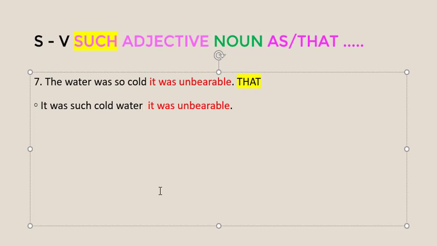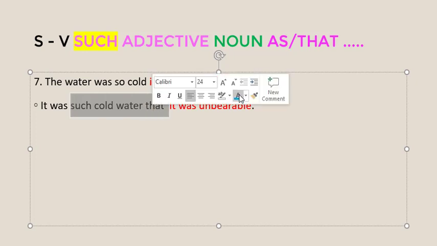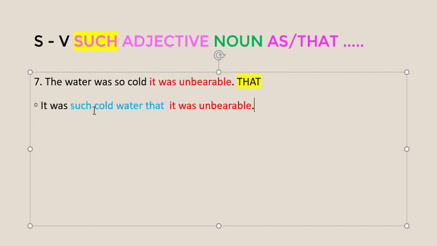And then after the noun, we have to put "that". This is the answer for number 7. We cannot use an article before the adjective because water is uncountable. If it's countable, you have to put "a", "an", or "the" article here. This is number 7.